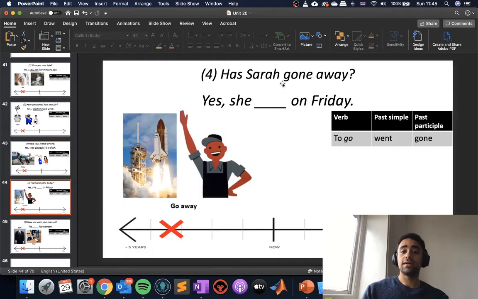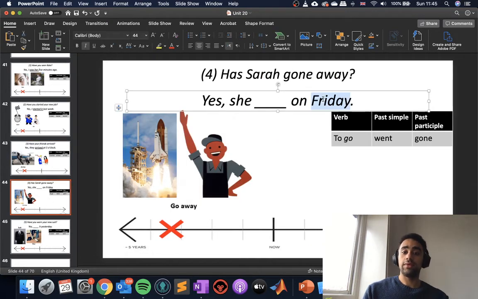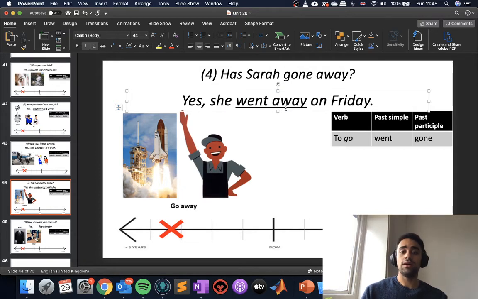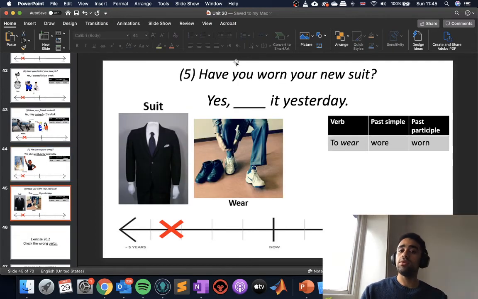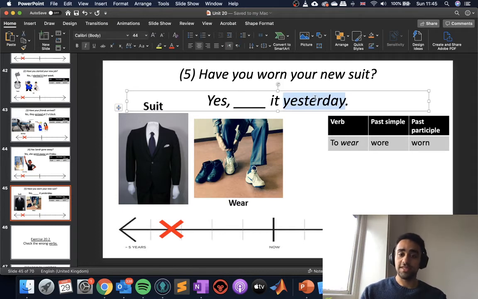Has Sarah gone away? Well, we have a specific time here, Friday, so that becomes something in the past simple. So she went away on Friday. Have you worn your new suit? Again, we have something specific.